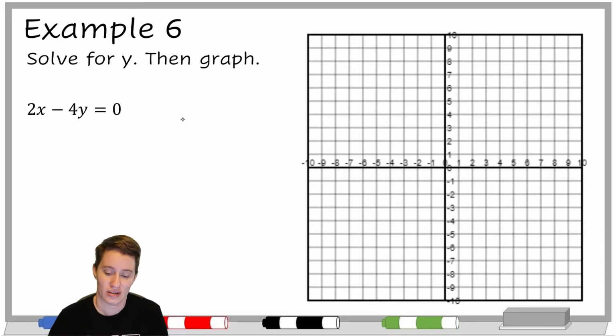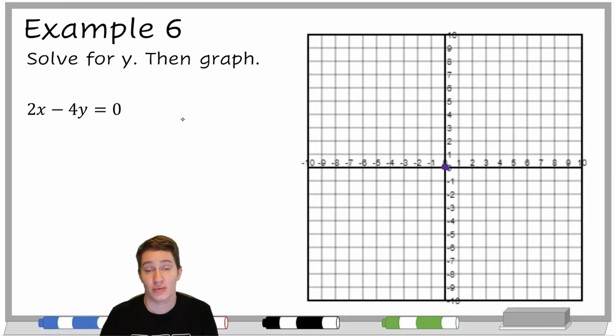So all using intercepts here does is tell me that I have an x and a y-intercept of 0, and that's only 1 point. So take a moment to do that. If you're like, what are you saying? Cover up 2x, solve. Cover up negative 4y, solve. We get 0 both times.